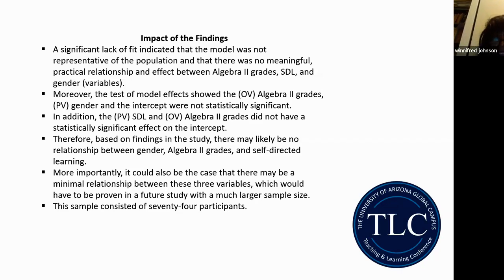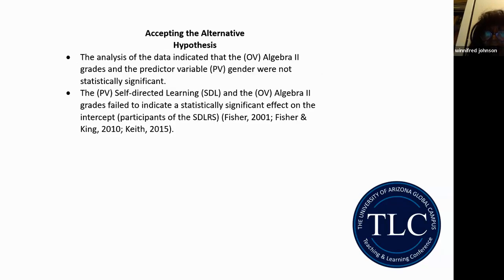The sample was 74 students assessing the alternative hypothesis. The analysis of the data indicated that the outcome variable Algebra 2 grades and the predictor variable gender were not statistically significant.